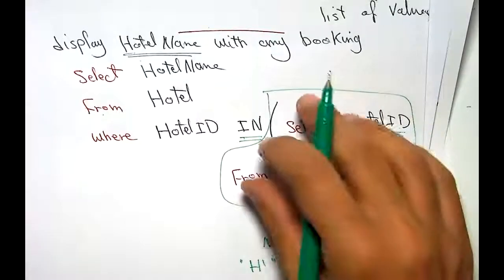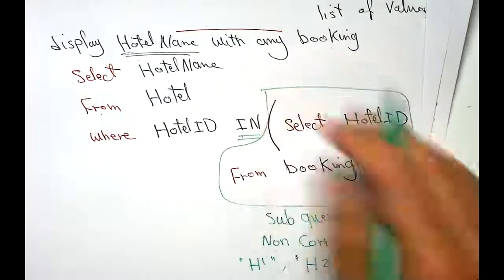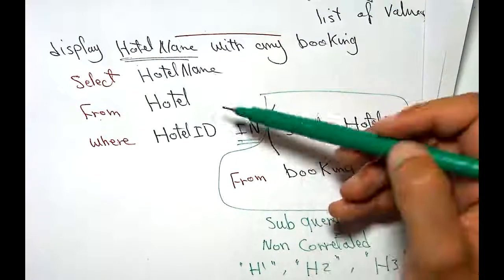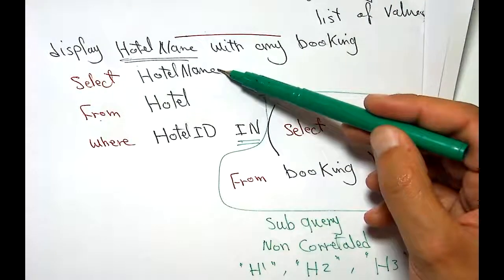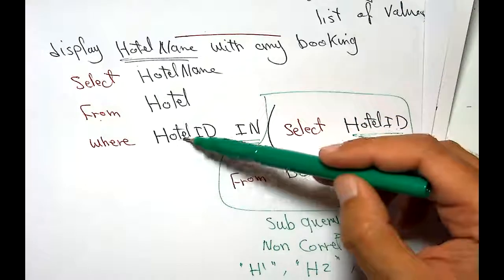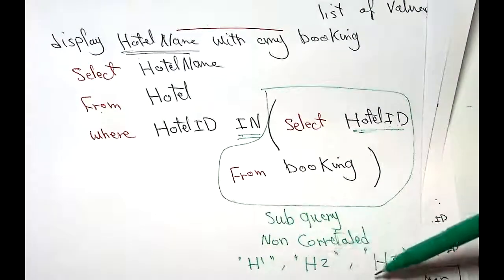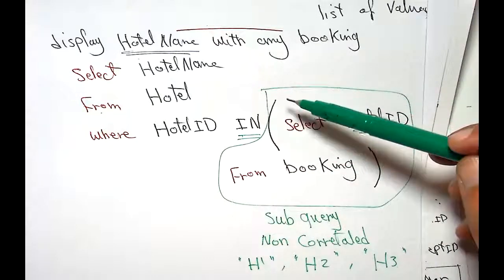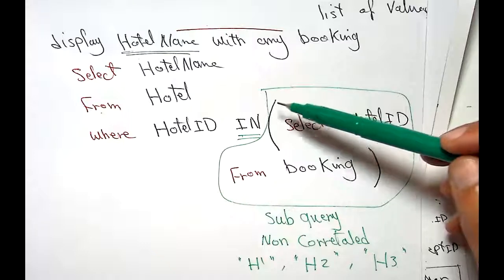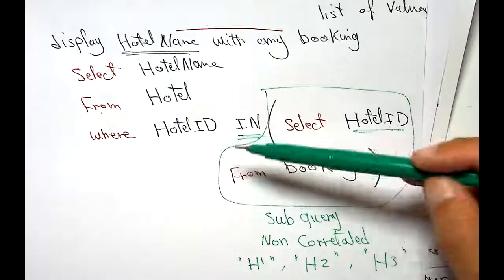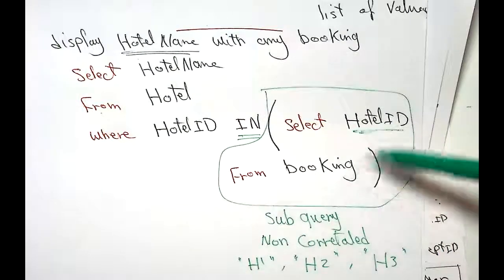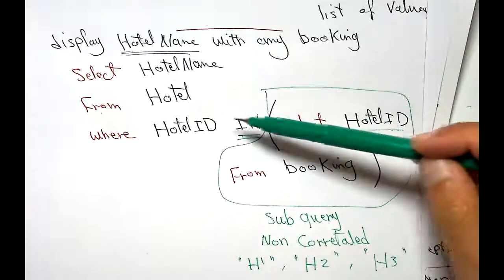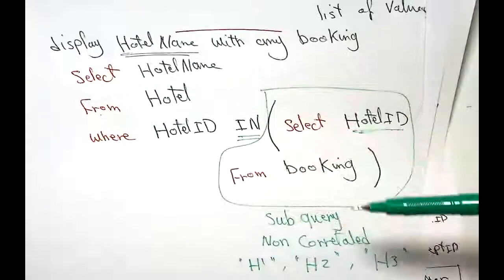This subquery actually will be replaced with this list of values. And then the outer query, select hotel name from hotel where hotel ID is one of these IDs. So here the inner query will be executed first, independently from the outer query, with no relation with the outer query. And after this query is finished and returns a list of values, the outer query will be executed.